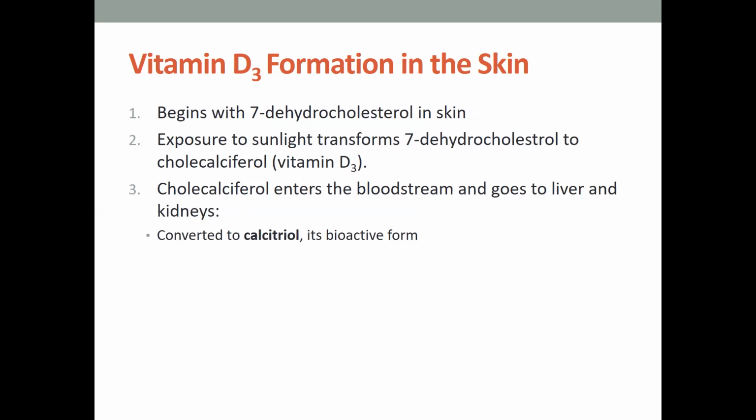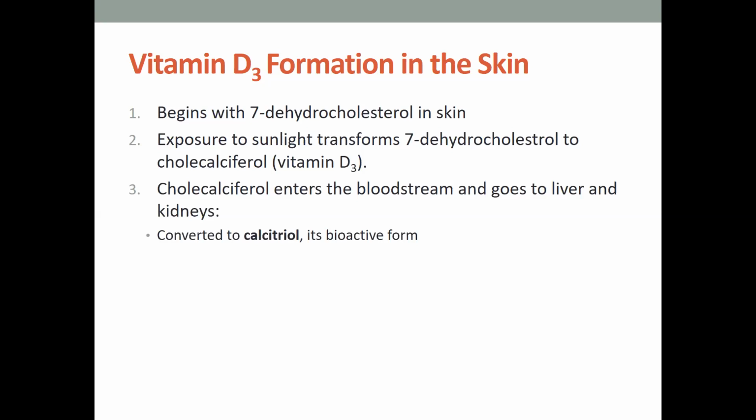If you're curious, this is a pretty high level of detail that I wouldn't test you on real specifically. But these are the different forms of vitamin D and how that process happens in your skin. In our skin right now, we have something called 7-dehydrocholesterol. And when sunlight hits that, it gets made into the form of vitamin D that most of us would think of as vitamin D3.